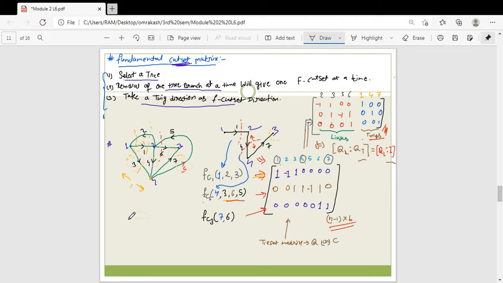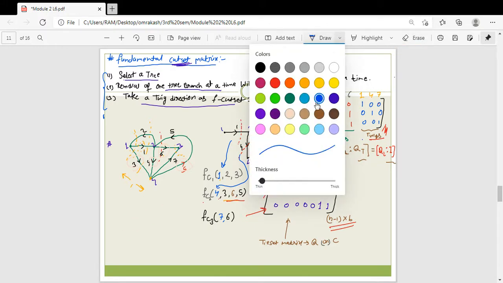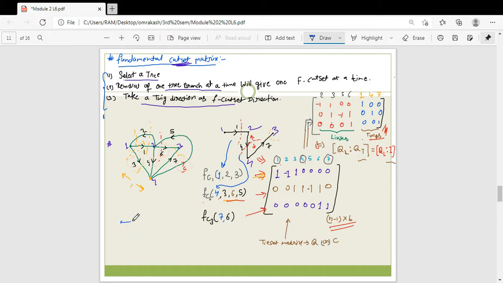This is your first node, this is your second node. Now this branch is removed, this is also removed, and this three is also removed, right? This is your graph.